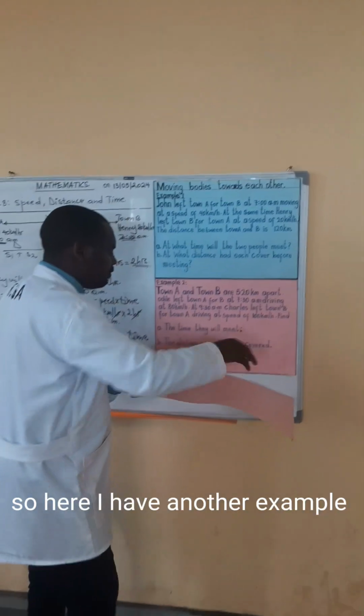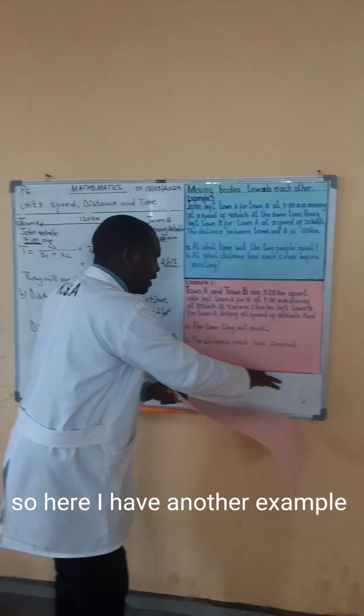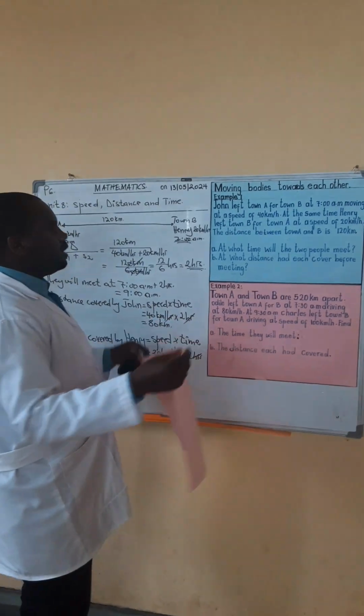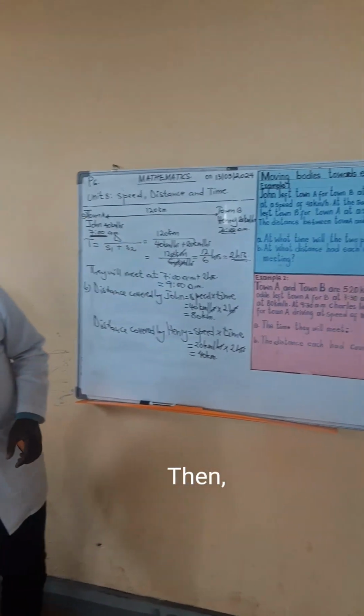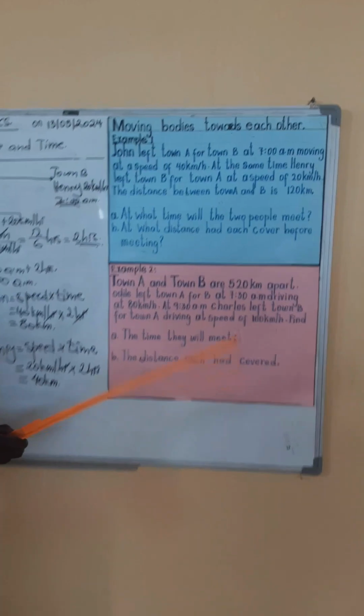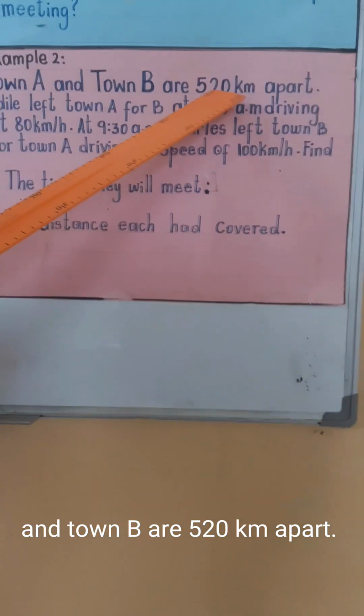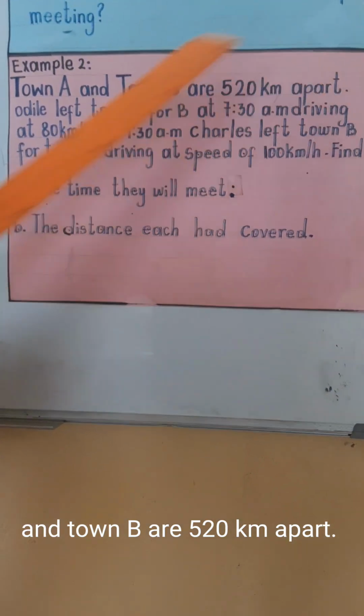So here you have another example. Again, we can read it together. Example number 2. Town A and town B are 520 kilometers apart.